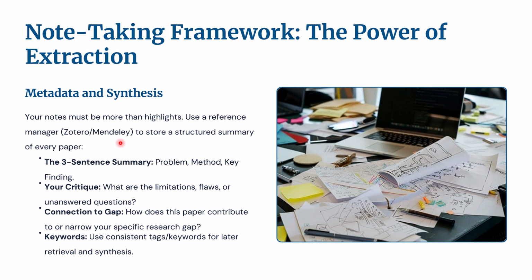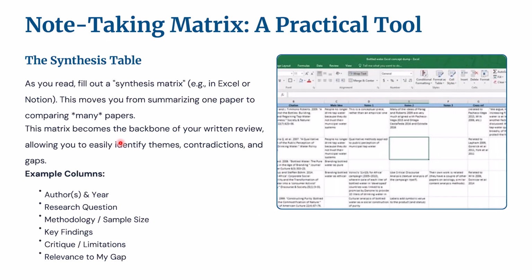You can use Zotero for that, but you can also use Excel to do that. For example, what we call a note taking matrix, with some columns: the authors and years, the research question.